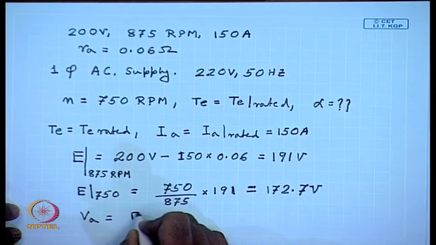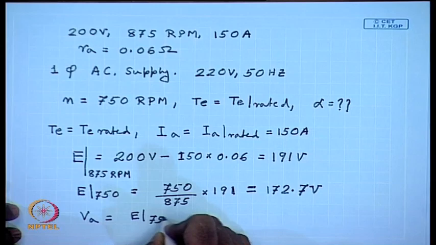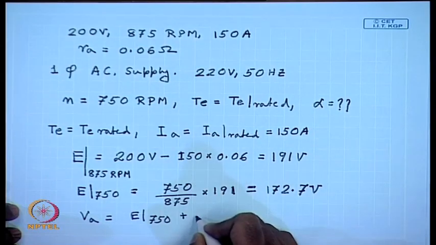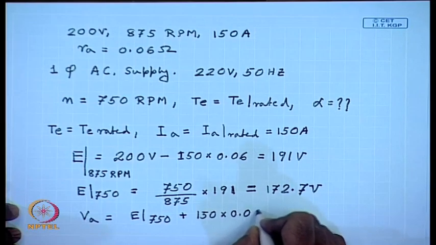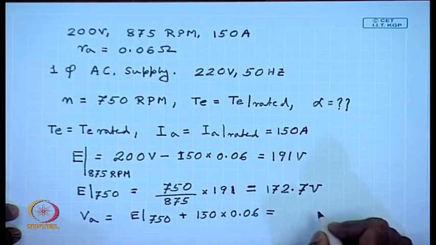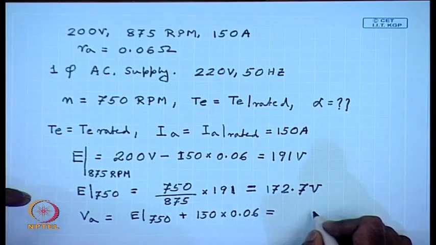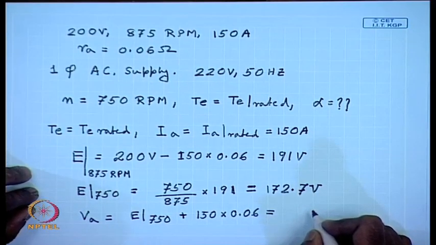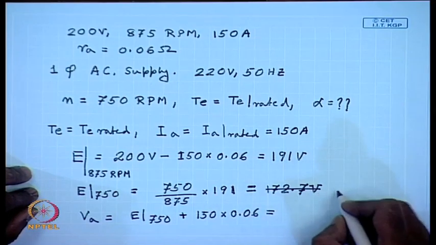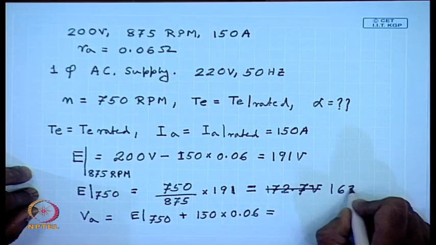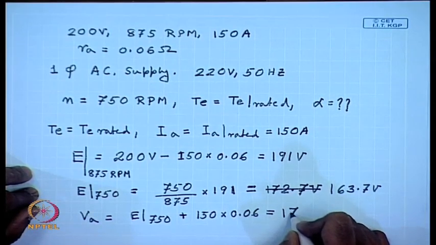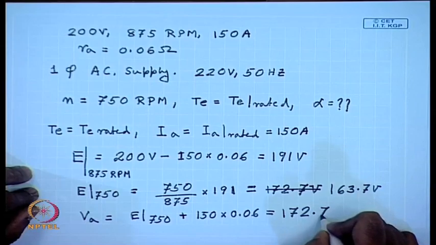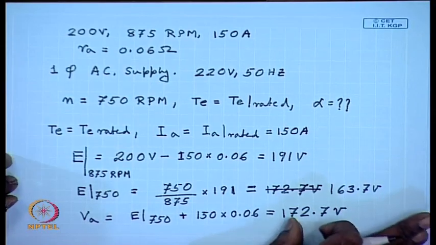VA should be E at 750 plus rated armature current 150 amperes into armature resistance. This comes to 172.7 volts.